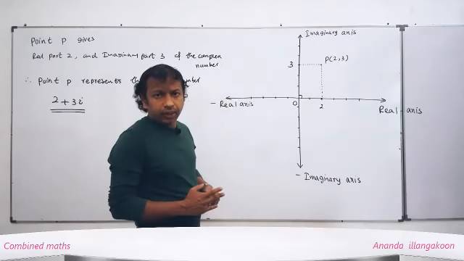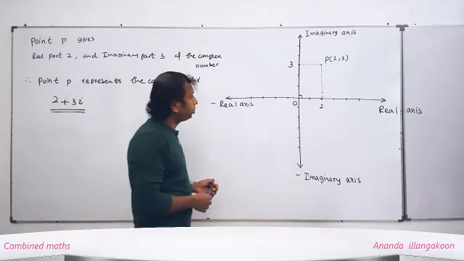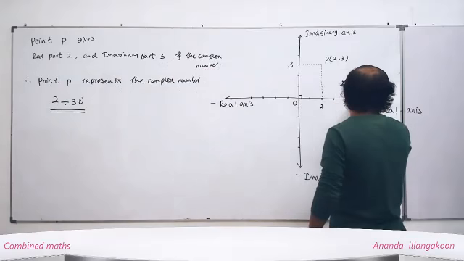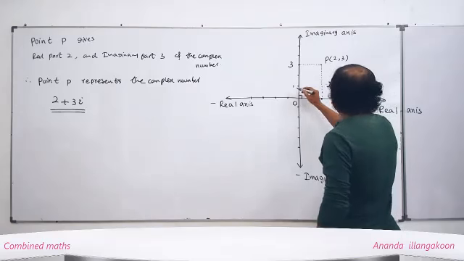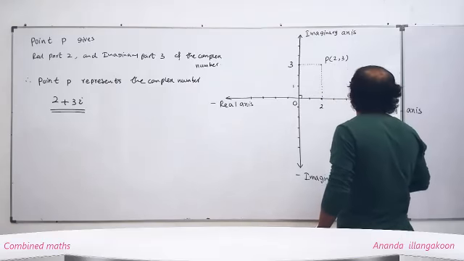Right. Now suppose like this. I'm going to take another point, say Q. Real part 5, imaginary part 1. Point P is this.